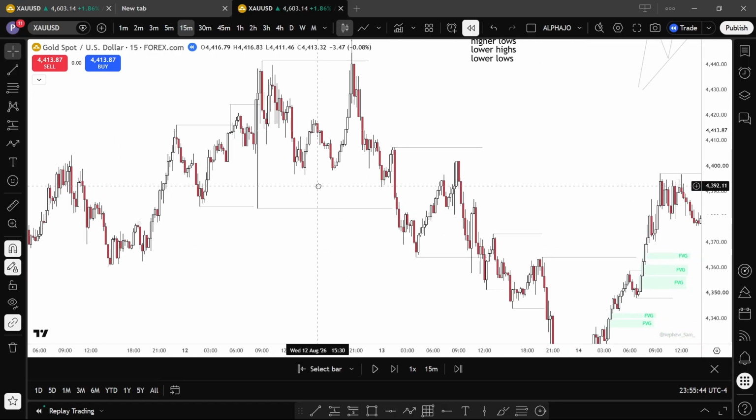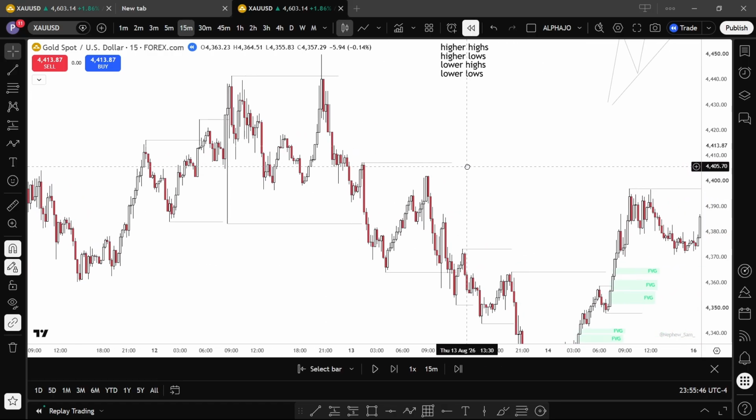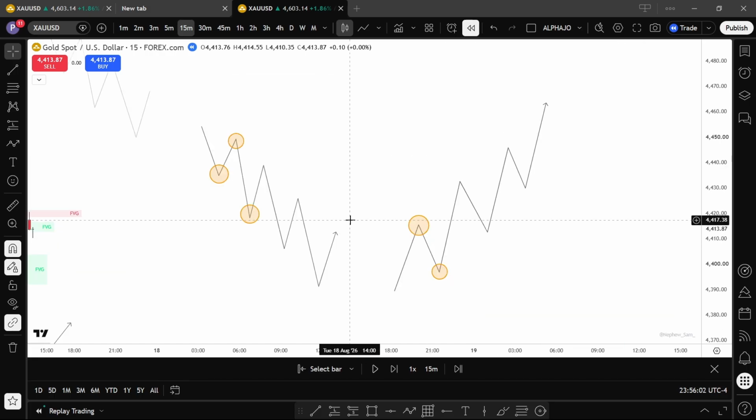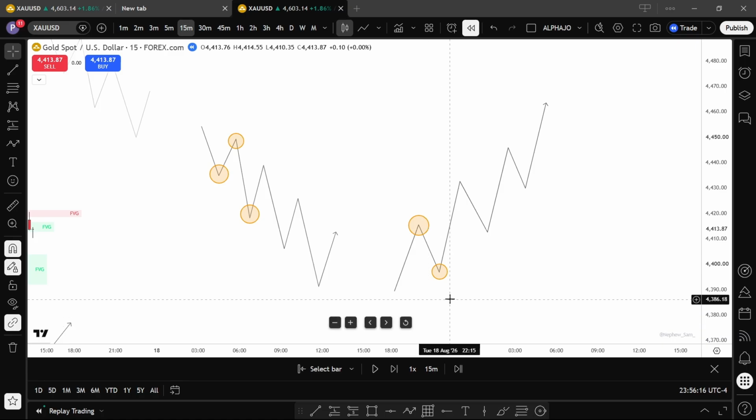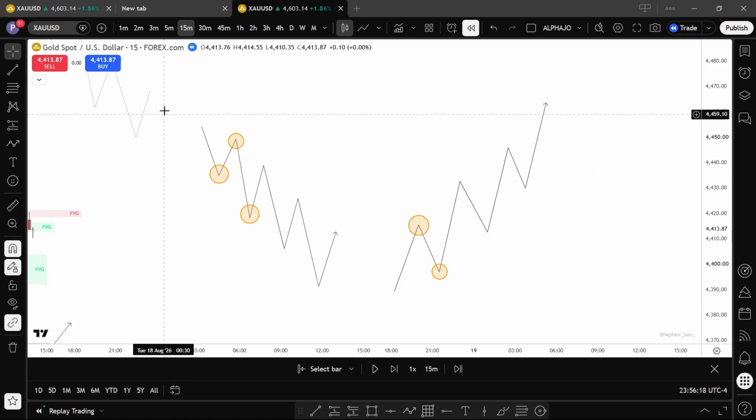So let's just do a short recap on what we just did today. So we explained that a bullish structure consists of higher highs and higher lows, higher highs and higher lows, and a bearish structure consists of lower lows and lower highs, lower lows and lower highs. So a bullish structure is when we are going up, and a bearish structure is when we are going down, right?